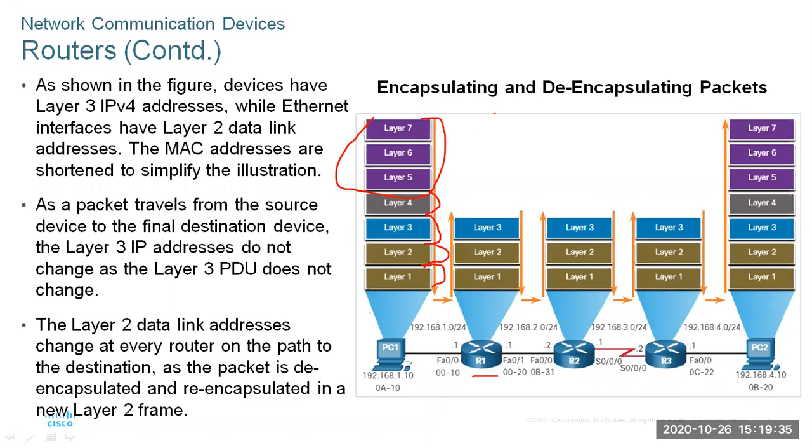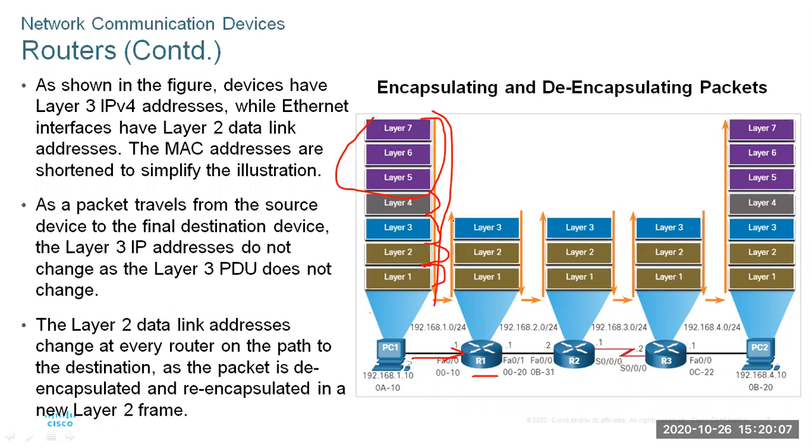So you see, by the time it is encapsulated here and it comes down through the network media, it goes to the next device. By the time it gets to the interface of the router, there would be a decapsulation. The reason for the decapsulation is so that the router will find the information meant for it and then know what to do with the information. So it decapsulates layer 1, decapsulates layer 2, and decapsulates layer 3.